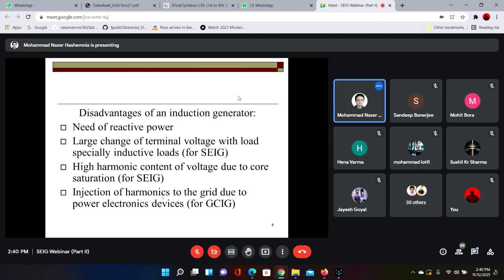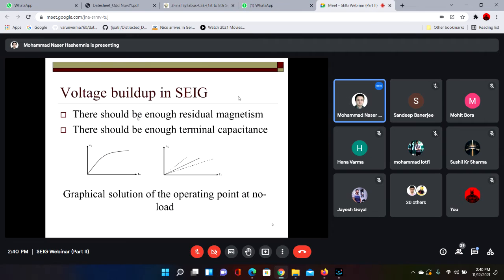Then I explained the phenomenon of voltage buildup in a self-excited induction generator. You have a volt-ampere characteristic like the one on the left-hand side. This is related to the magnetization of the core. So this is for the core, and the right side is the volt-ampere relation for the capacitor.